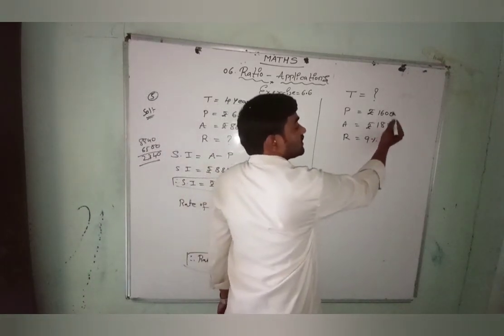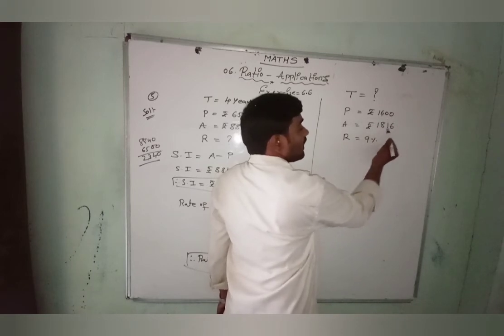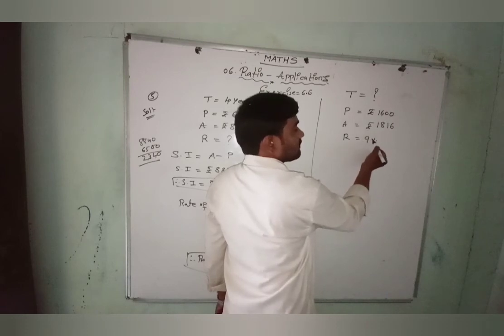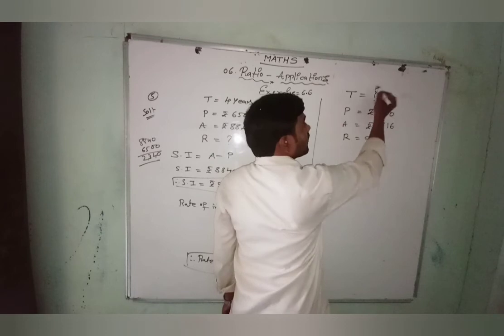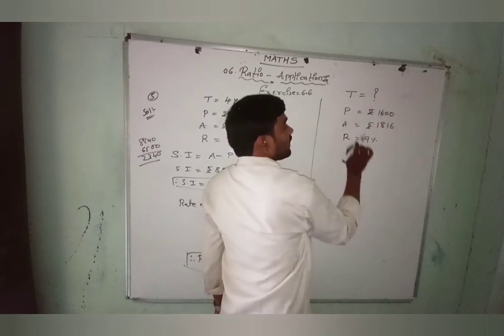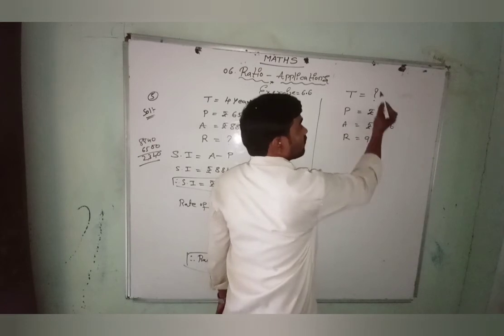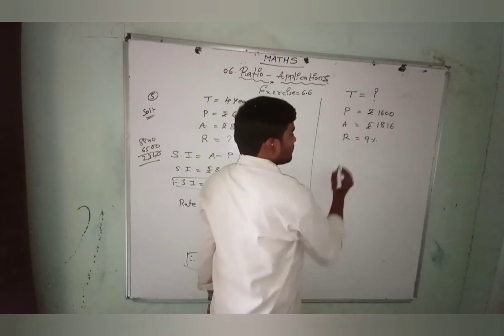That means 1600 rupees became 1816 rupees at the rate of 9%, but in how much time? At the rate of interest 9%, in what time does 1600 become 1816? That we have to find out.